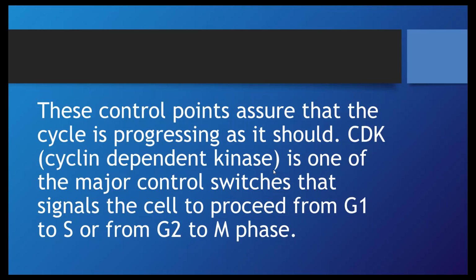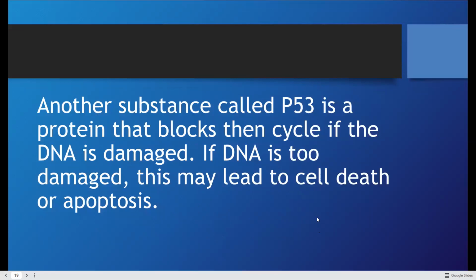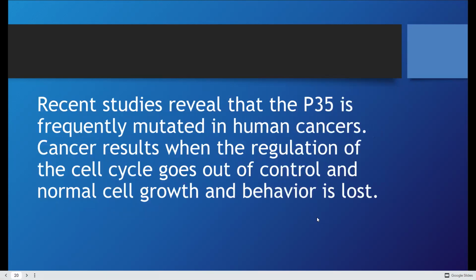Now, we will look at how the cell prepares itself for cell division. Again, CDK is the one who controls the moving forward, and P53, this is not 35, this is 53, is the protein that blocks the cycle if the DNA is damaged. This is the blocker or the stopper, and the CDK is the one who lets the cell continue the process.